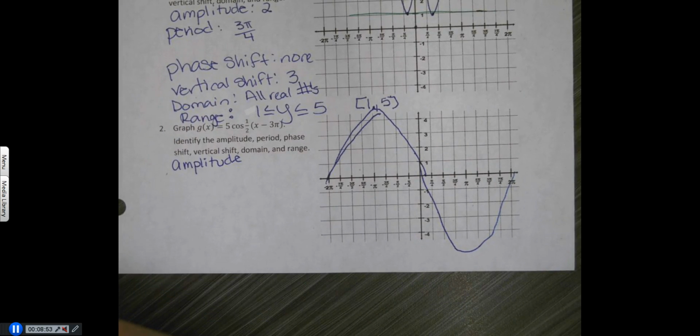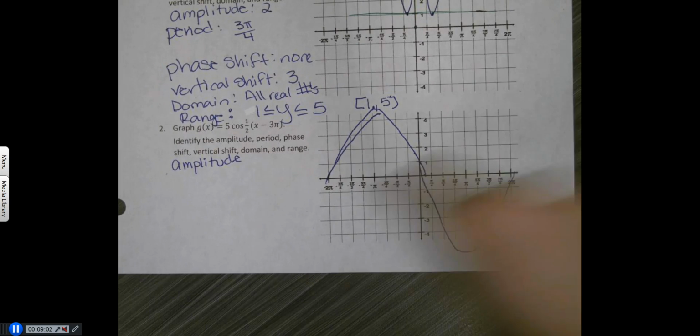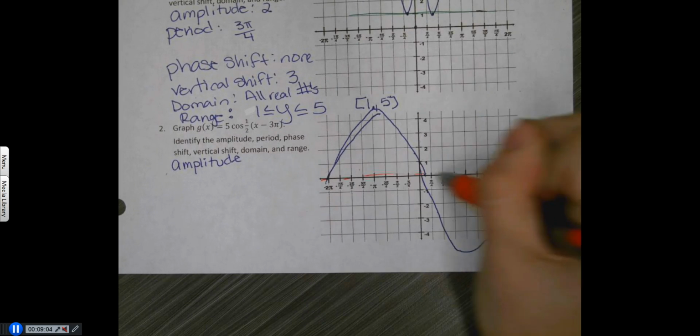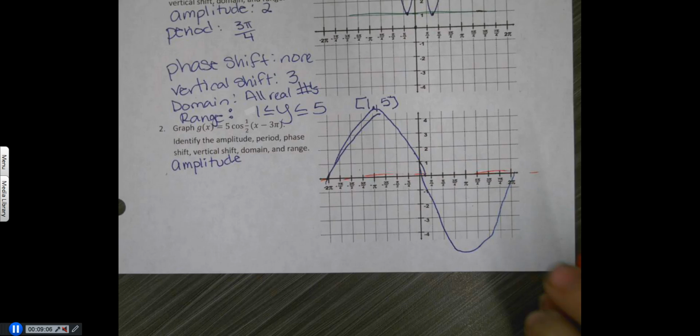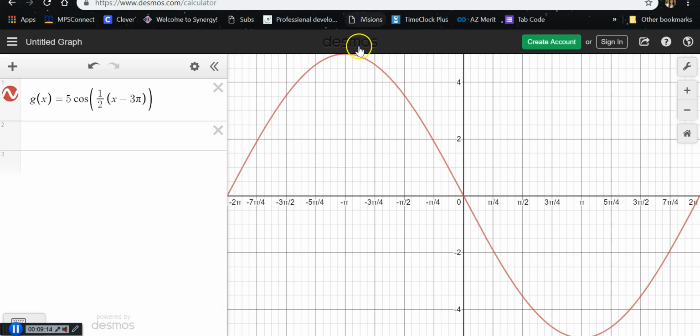Oh, okay. So another way I like to think about amplitude, not amplitude, it's period. If I look at this one, my center line here is right on the x-axis. So how far away is the top and bottom of here? It might be better if we go back and look at my Desmos graph. How far away is this point and this point from the center line? Not 4, 5.